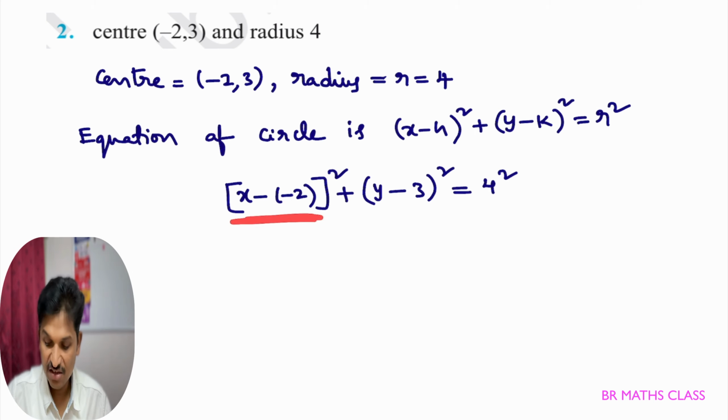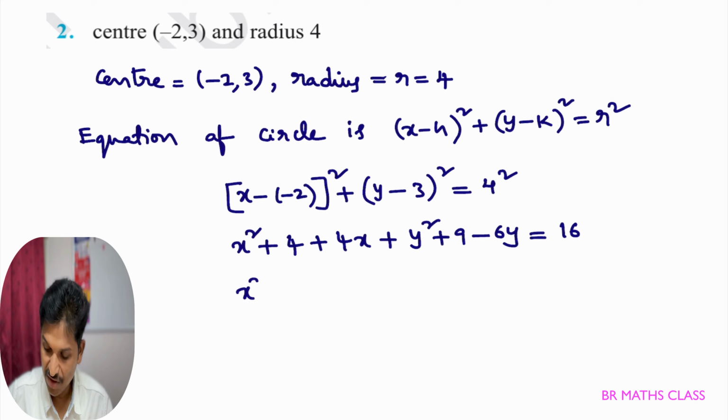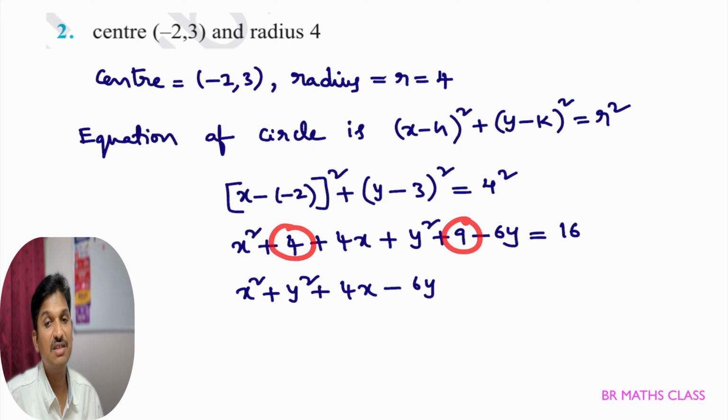You expand this x plus 2 whole square: x square plus 4 plus 4x. Now you expand y minus 3 whole square: y square plus 9 minus 6y equal to 4 square is 16. Now if you simplify this, what you will get? x square plus y square plus 4x minus 6y, and you see here 4 plus 9 is 13.